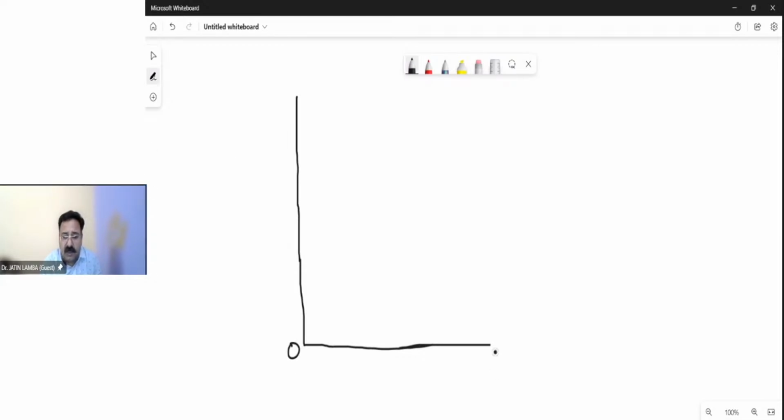Here we are taking the income line, which is 45 degree in all cases. I have already told you many times why the income line is at 45 degree. And here it is the sum of, what did I tell you, income is consumption plus saving plus taxes.